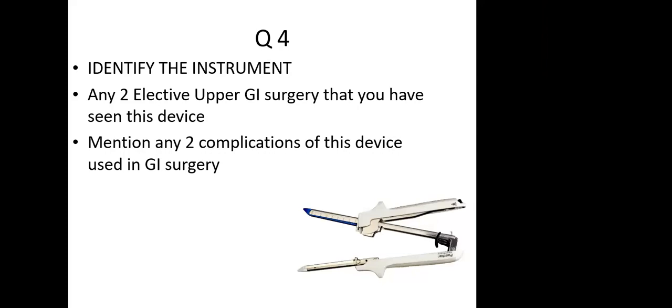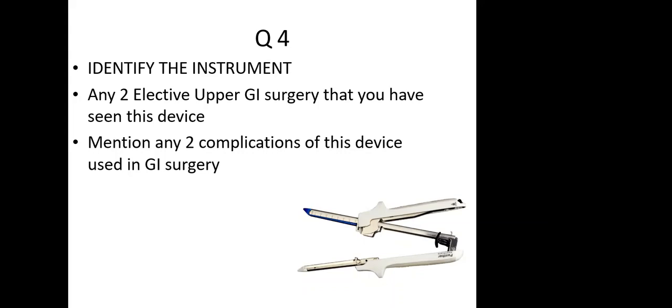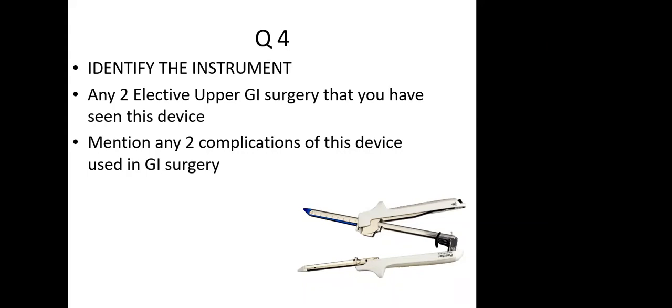Which color we use where? That is what I'm asking. These cartridges are different in what respect? You use them in different situations, I agree. But what is the difference between a blue, white, and green cartridge? I don't know, sir. Thickness of the tissue.